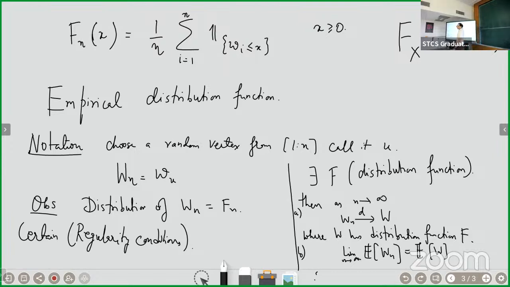This is my particular choice of w_i's, which is giving rise to F_n. This is fixed given w_i. And F_n converges to F that exists somewhere. So if I start reversing the process, and I want a particular F to which F_n should converge, I can always demand that. How should I select w_i?